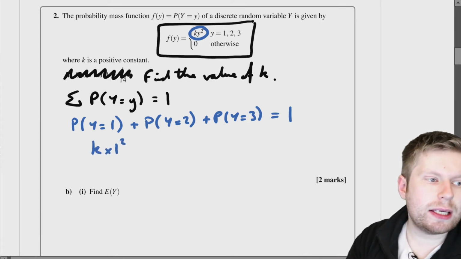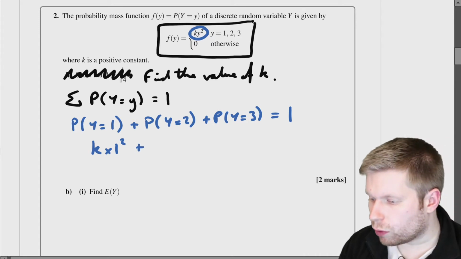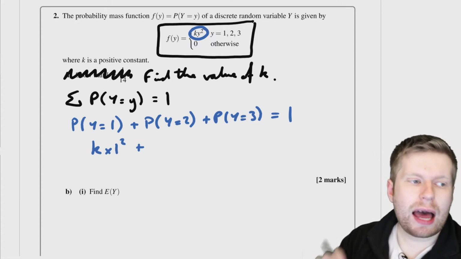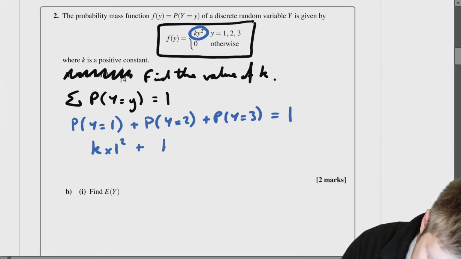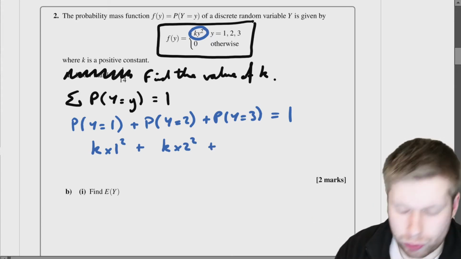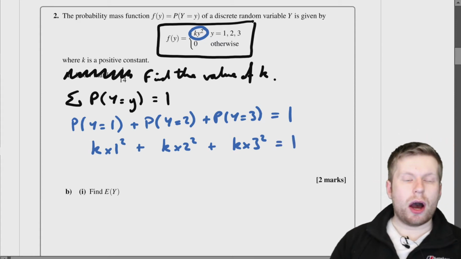That would be the probability that y equals 1. Then I add that to the probability that y equals 2, so I stick y equals 2 into my formula, which gives k times 2 squared. And finally, for the probability of y equals 3, I'm just going to stick 3 in for y into my formula. I know that if I add those 3 things together, I should get 1.